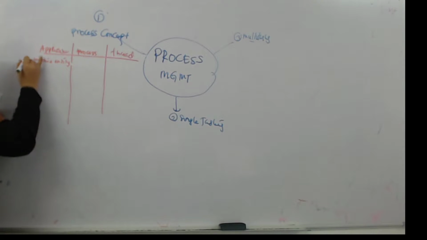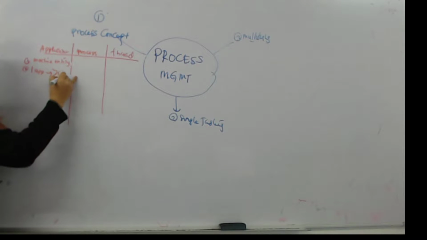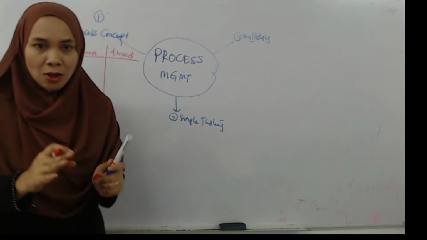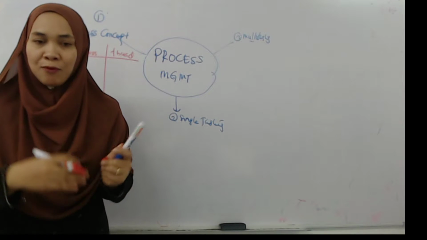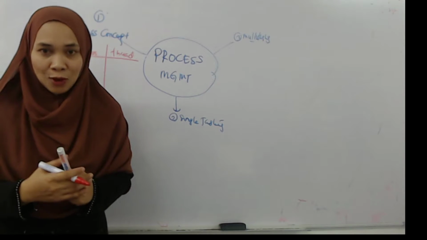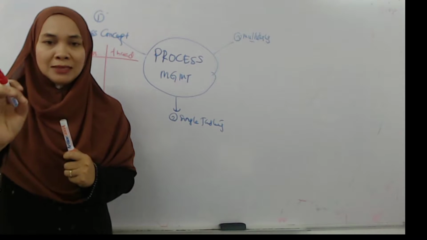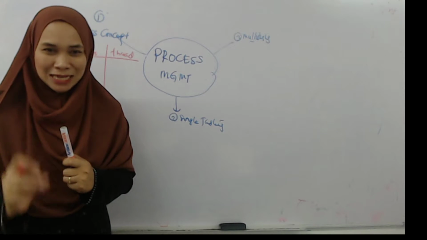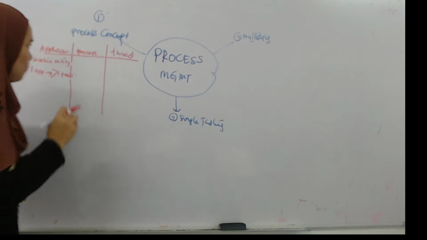One application can create more than one process, lebih daripada satu proses. Example, we have application like OBS. One OBS application can create lebih daripada satu proses OBS. Alright, clear?